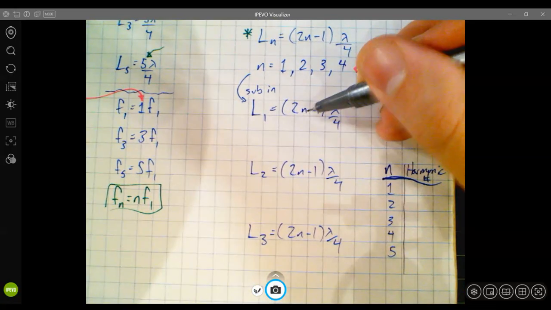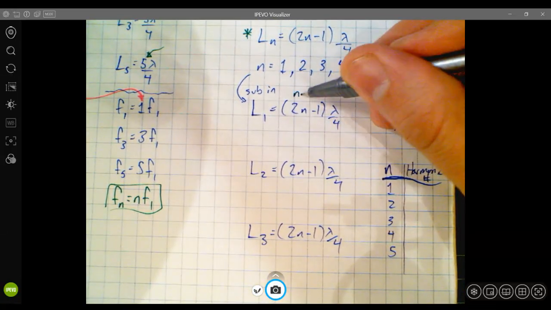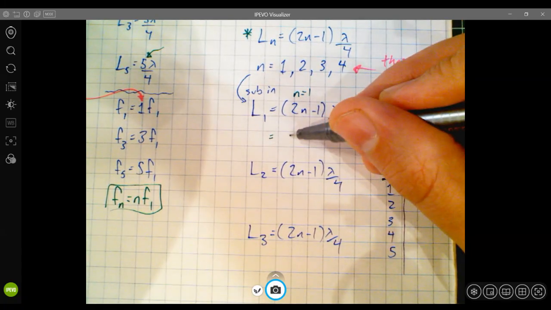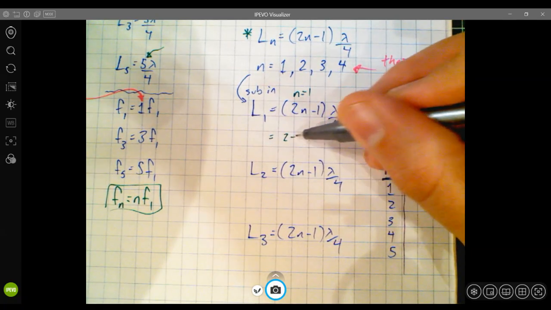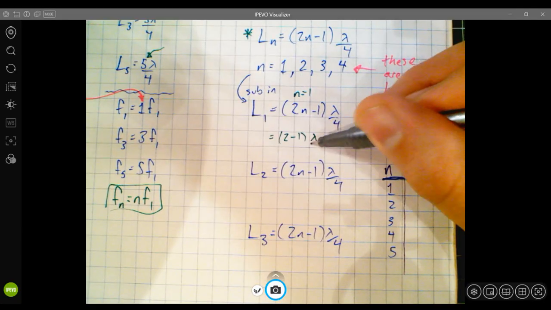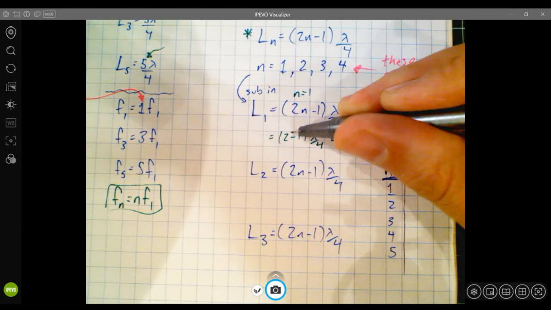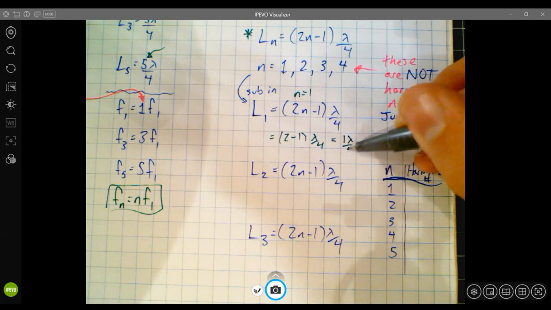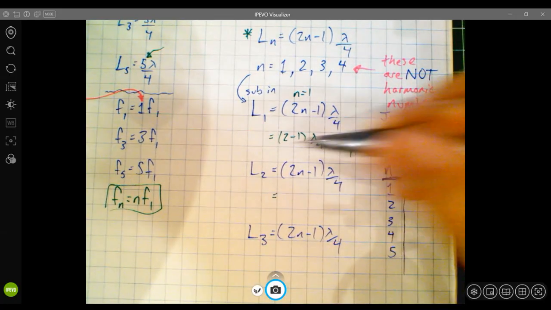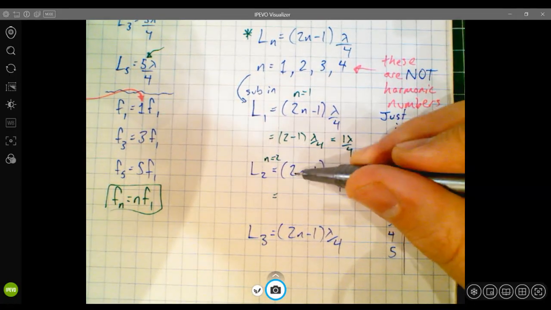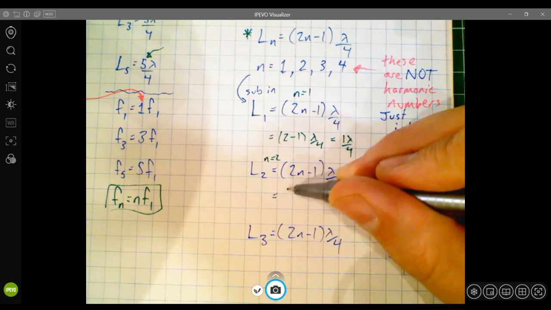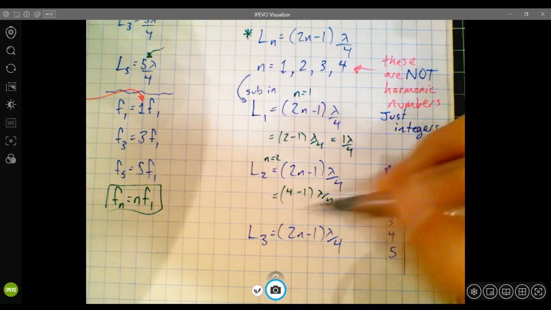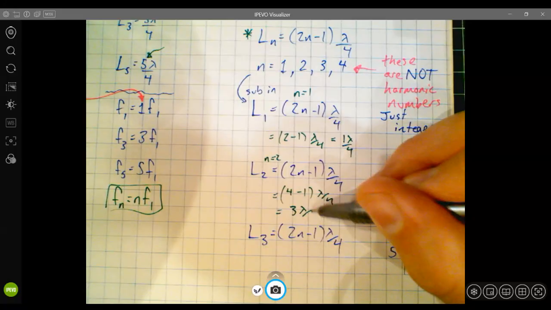So if we use n is equal to 1, then what we end up getting is 2 times 1 is 2. 2 minus 1 times lambda over 4. And 2 minus 1 is 1, so 1 lambda over 4. If I do the next one, where n is equal to 2, 2 times 2 is 4. 4 minus 1 times lambda over 4 becomes 3 lambda over 4.